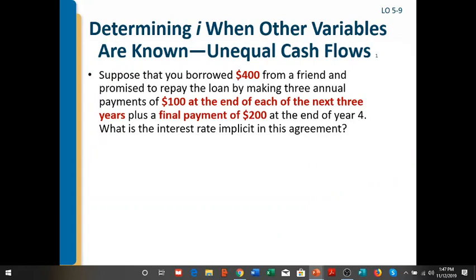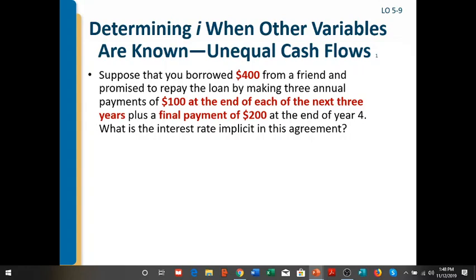So what do you do when there are unequal cash flows? Here we have an example where you borrow $400. You promise to repay the loan by making 3 annual payments of $100 at the end of each of the next 3 years, plus a final payment of $200 at the end of year 4.